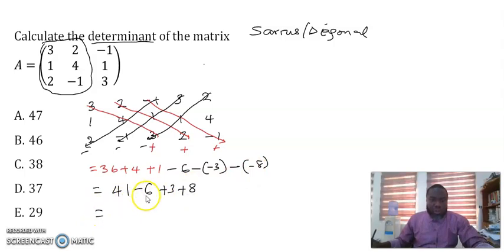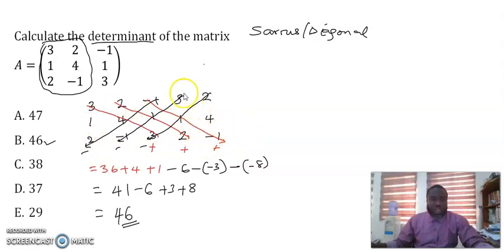So now we have 41 minus 6, that is 35, plus 3 will give us 38, and then 38 plus 8 will give us 46. And this is the answer to this question. So you can see this method is easier than the use of the cofactor and the minor approach.